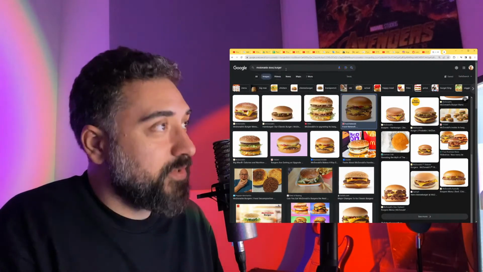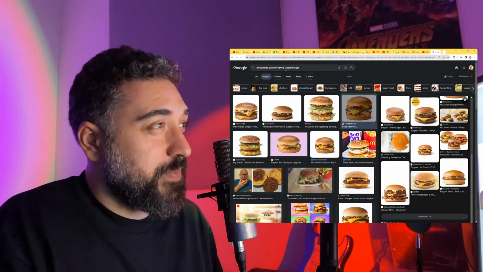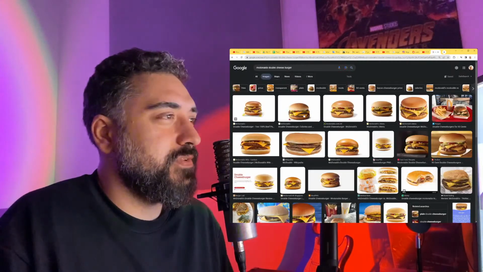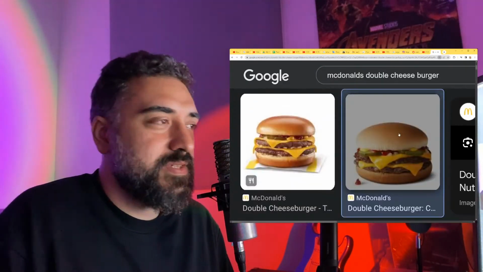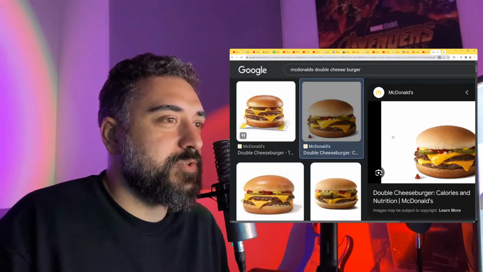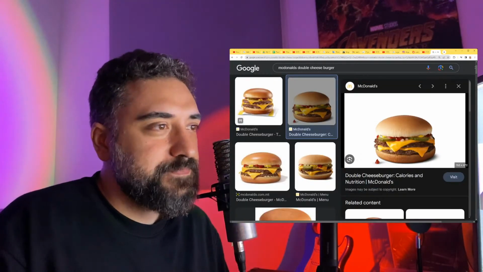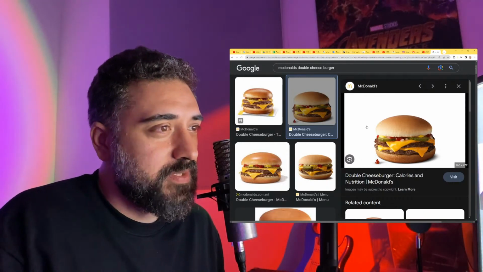A McDonald's double cheeseburger with extra cheese and extra pickles and extra mustard and extra ketchup, just extra everything. Look at that. If you ask me to describe happiness, just look at it. Those little onion bits that come out of it over there.